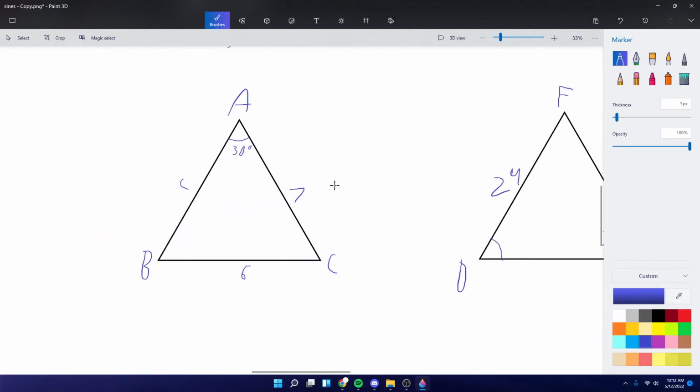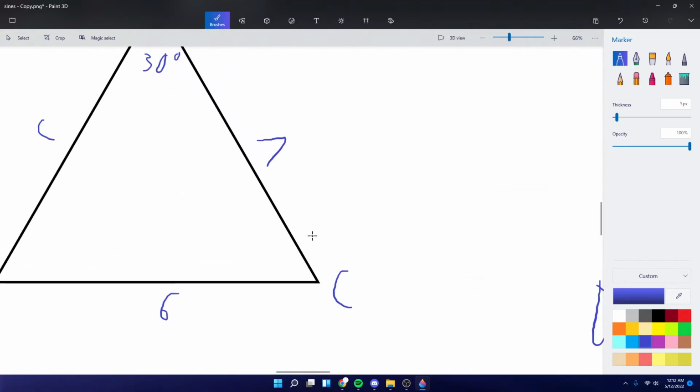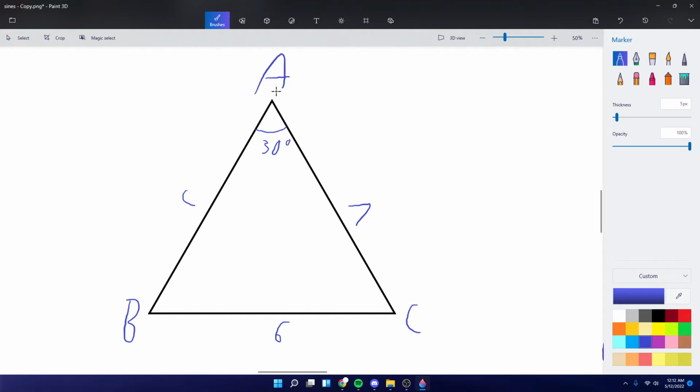So let's do an example of that. So here's an example where the angle 30 degrees corresponds with 6. And so we have given side B, which is 7. And because 7 is greater than 6, bigger sides correspond to bigger angles.